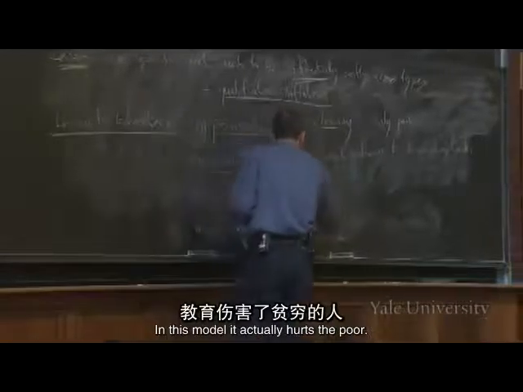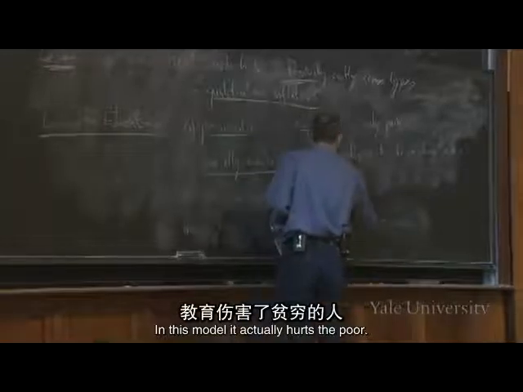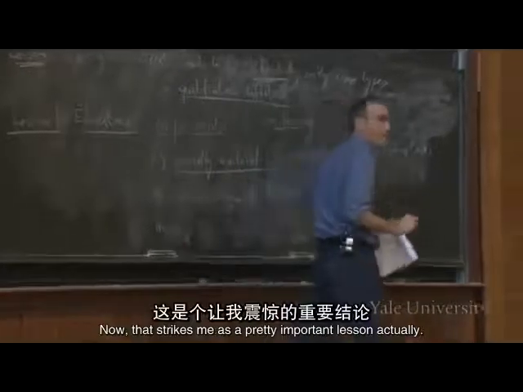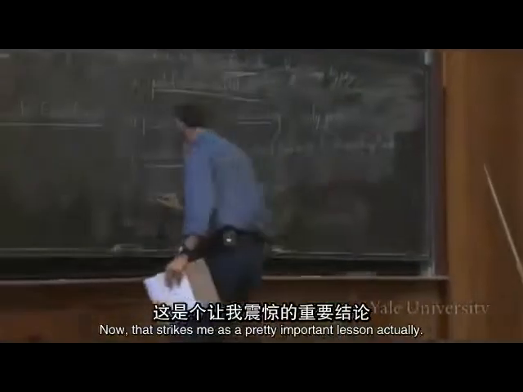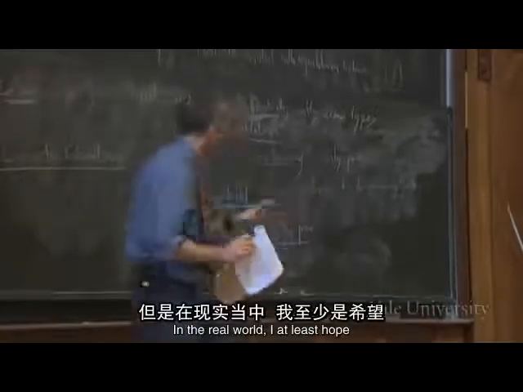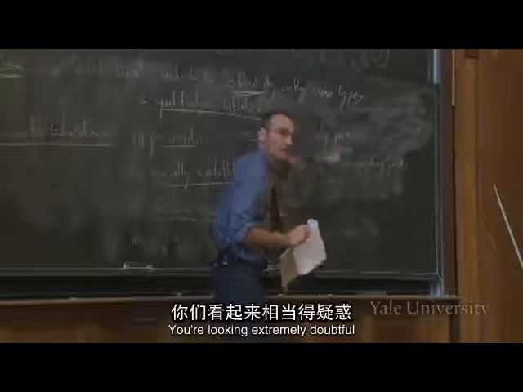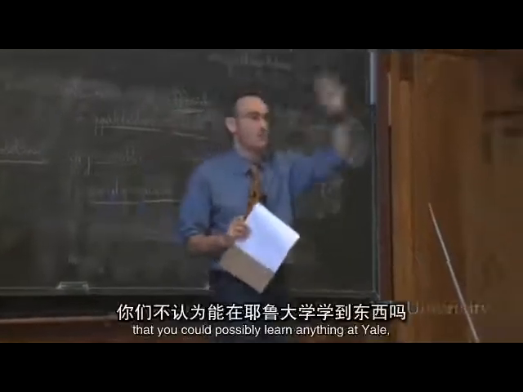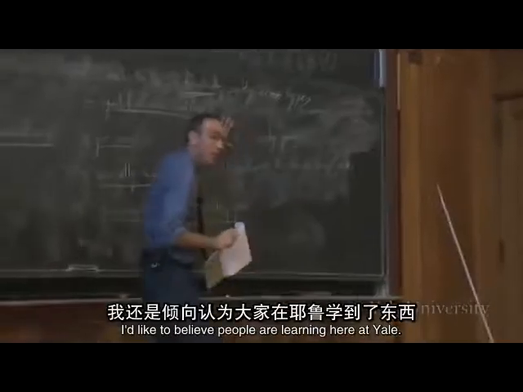In this model, it actually hurts the poor. Now that strikes me as a pretty important lesson, actually. Again, I don't think we should take this model too literally. In the real world, I at least hope that some of you are learning something at Yale. You're looking at me extremely doubtfully. So maybe you're not, I don't know. But in the real world, I'd like to believe people are learning at Yale.